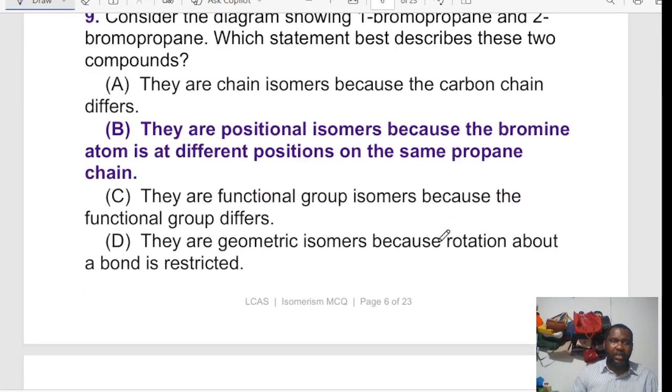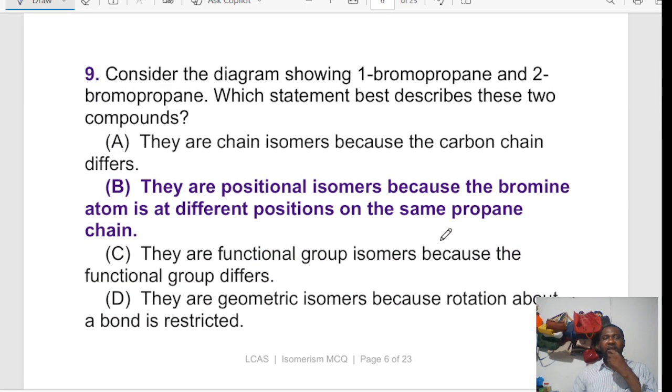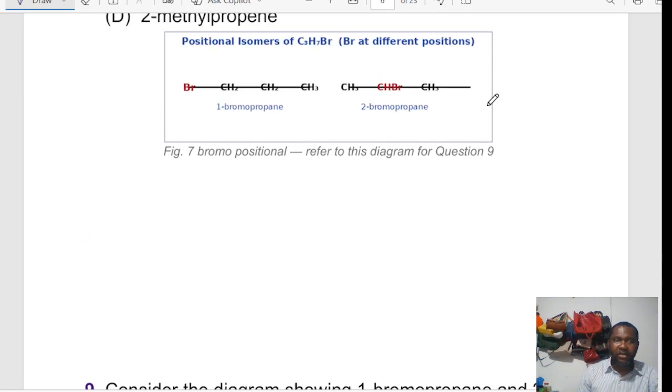Okay. Now number 9 says, consider the diagram showing 1-bromopropane and 2-bromopropane. Which statement best describes these two compounds? Look at it here. This is 1-bromopropane. This is BrCH2, CH2, CH3. And this one is CH3, then CHBr, then CH3.